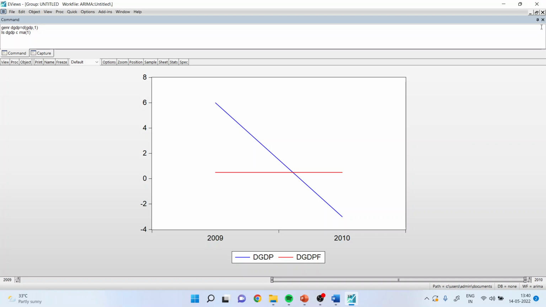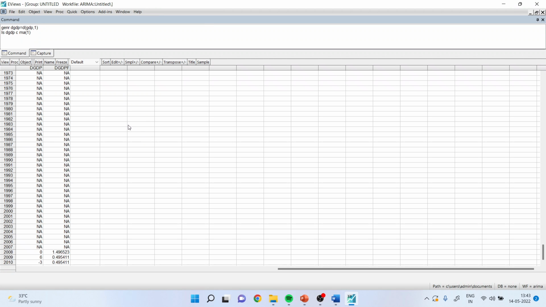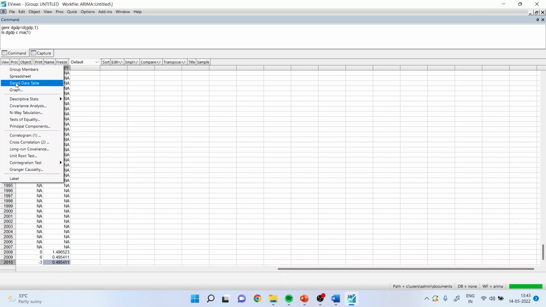Possibly I will have to change some more settings. Make this 1000. Okay. I can see this from here also. I'll select DGDP, open as group, and at the fag end, this is the original series and this is the forecasted series. Original and forecasted. I can also have a graph of it.